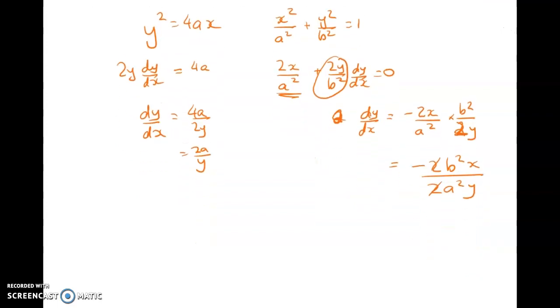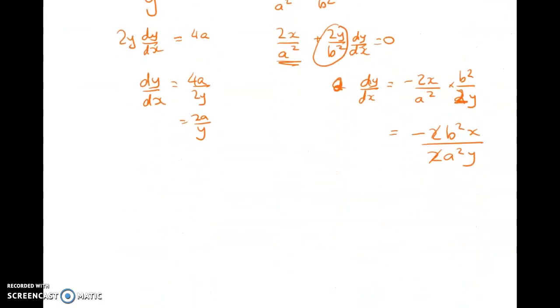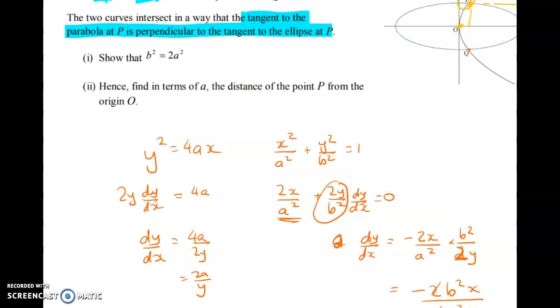We know that the tangents are perpendicular to each other, and perpendicular gradients multiply to negative 1. That gives us 2a over y times negative b squared x over a squared y is equal to negative 1. Let's think about where we're trying to get to. We have to end up showing a condition for b squared.